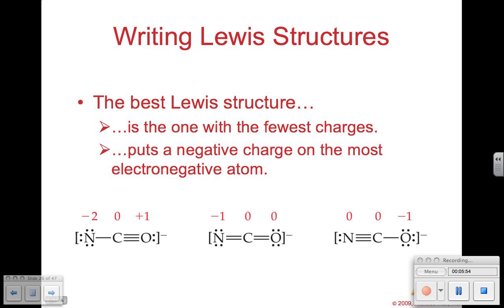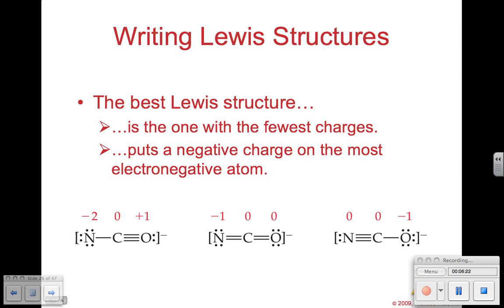So the best Lewis structure is the one with the fewest charges and puts a negative charge on the most electronegative atom. So we've got 3 different structures for a carbon nitrogen oxygen molecule. The first one has a lot of charges, so we're going to throw it out.